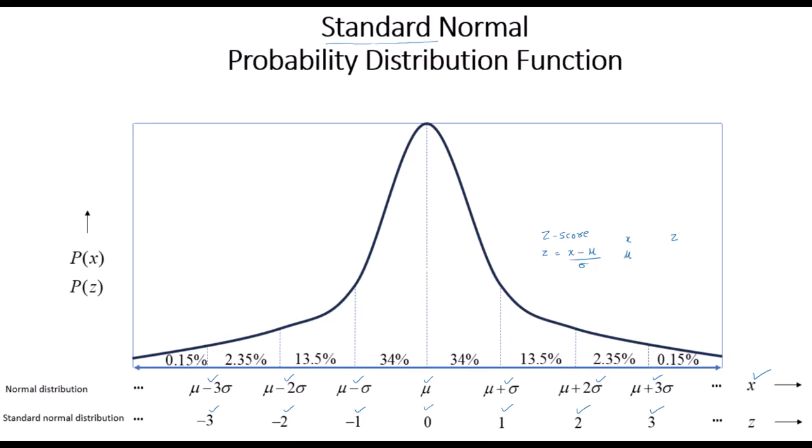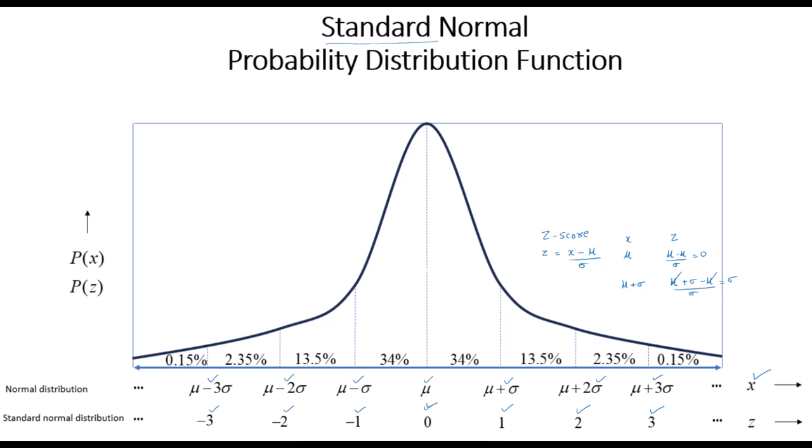The value of z will be mu minus mu over sigma, which is going to be 0, which matches with what I have shown over here. Similarly, if x is mu plus sigma, what will be the value of z? It will be mu plus sigma minus mu over sigma. So mu and minus mu will cancel.